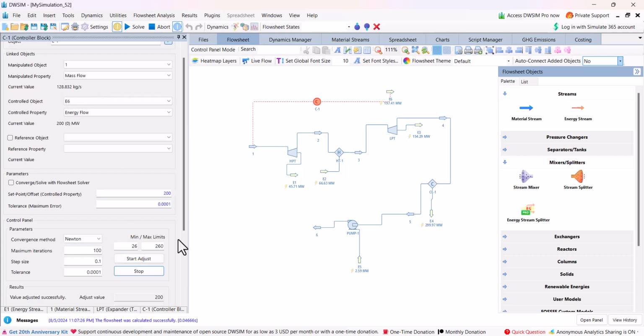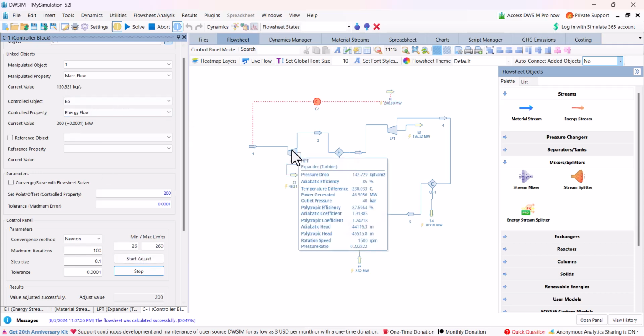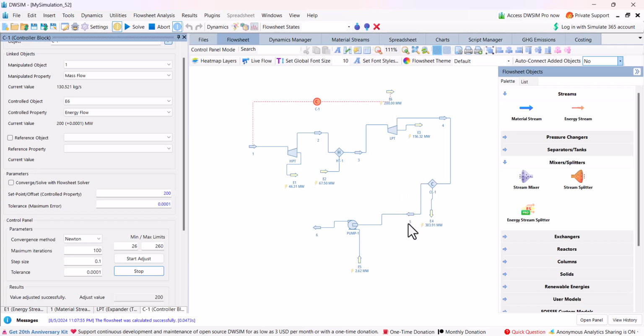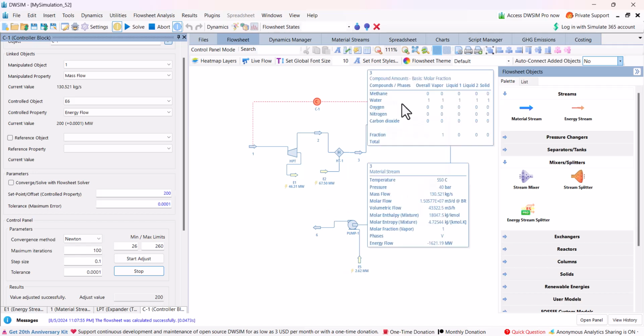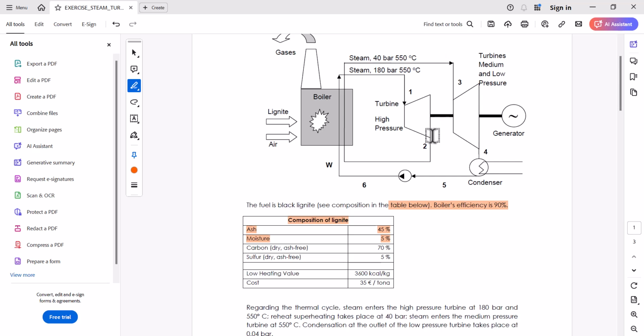Remember, it was 128 kilogram per second. Now it's 130.5 kilogram per second of steam that is required. And now we can go to the second part, how much natural gas would be required to produce that 130 or 131 kilogram per second of steam.